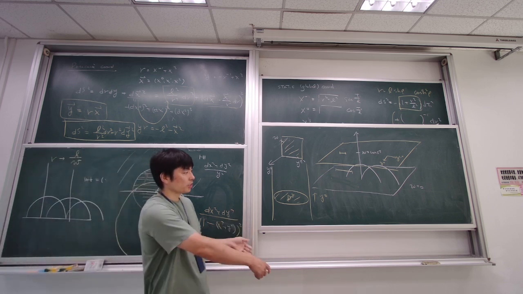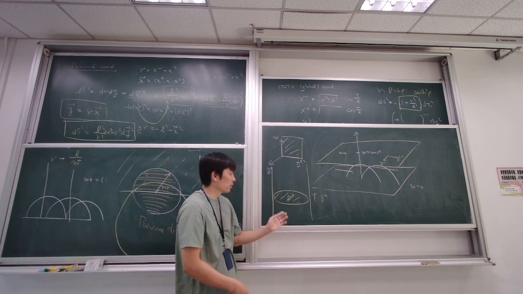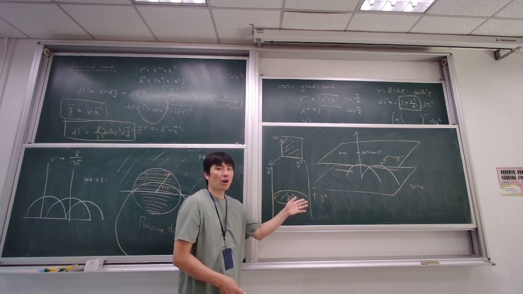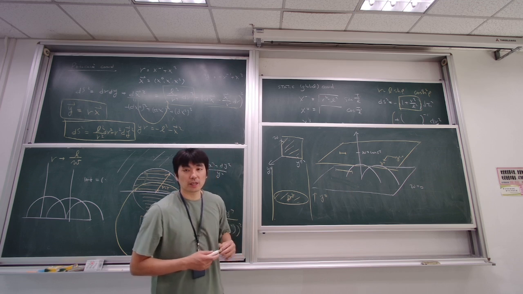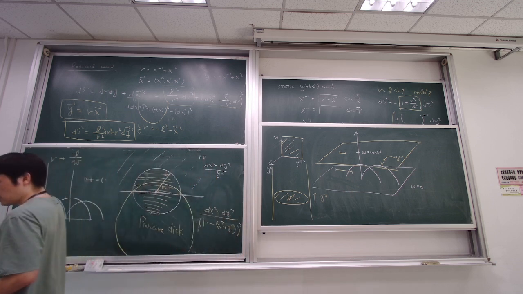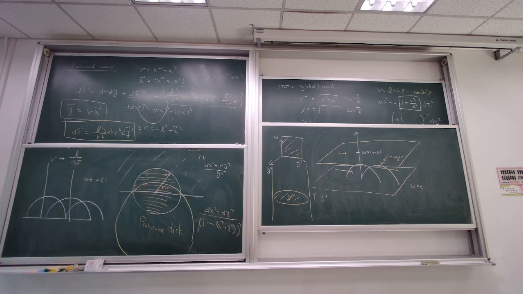People treat y0 as a time coordinate, and you have a Poincare ball as a space slice. Any other questions?